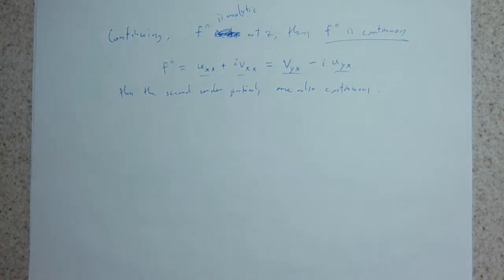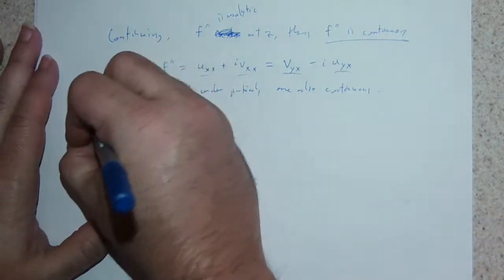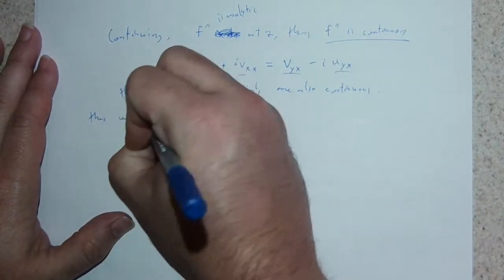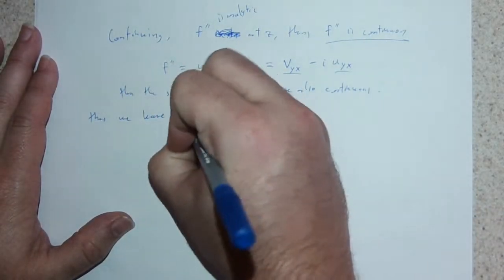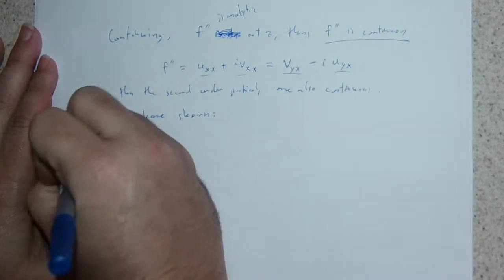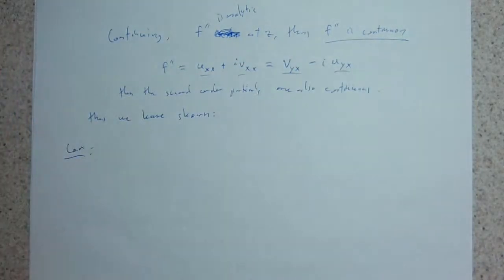Okay. Now you might complain and say that we didn't get all of them here, right? But actually we did, because these commute. And so thus we have shown the following corollary of that theorem, which is the thing that we actually noticed when we were first dealing with harmonic functions: if you have an analytic function at a point, then the component functions have continuous partial derivatives of all orders.